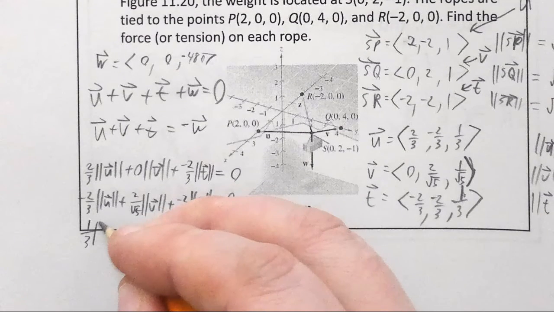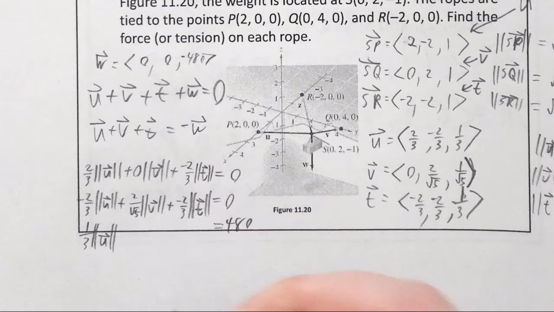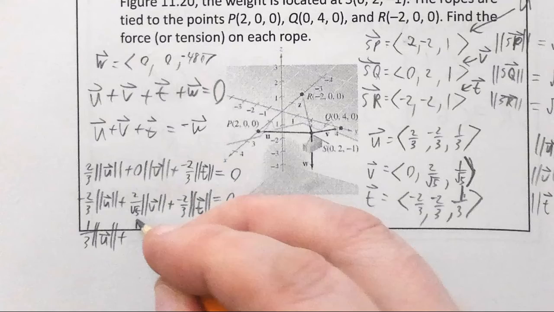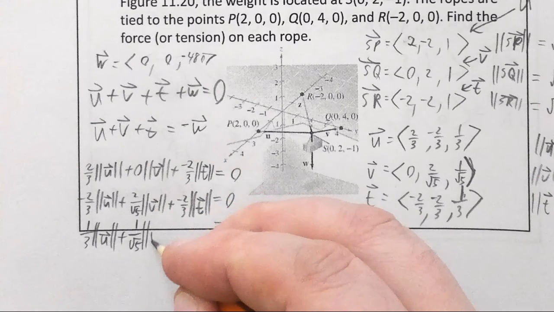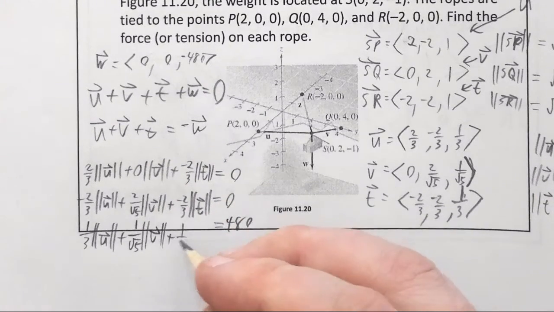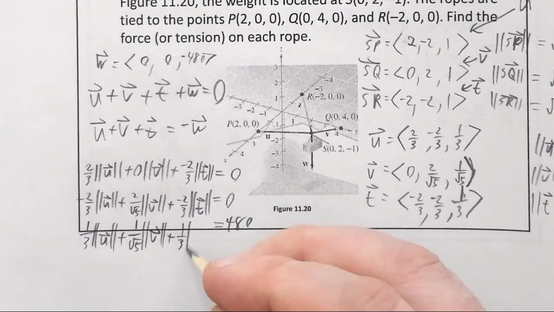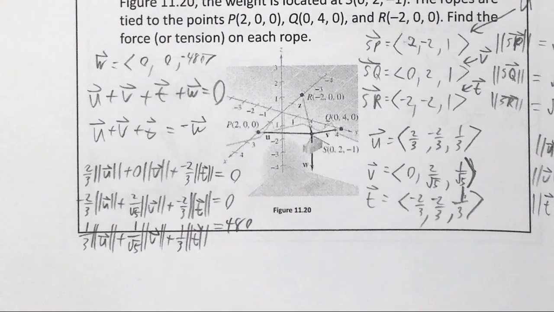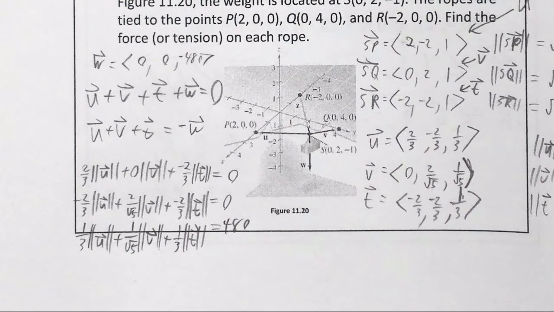Yeah, 1/3 times the magnitude of u plus 1/5 times your magnitude of t. Okay. How do I solve that for 3 variables?